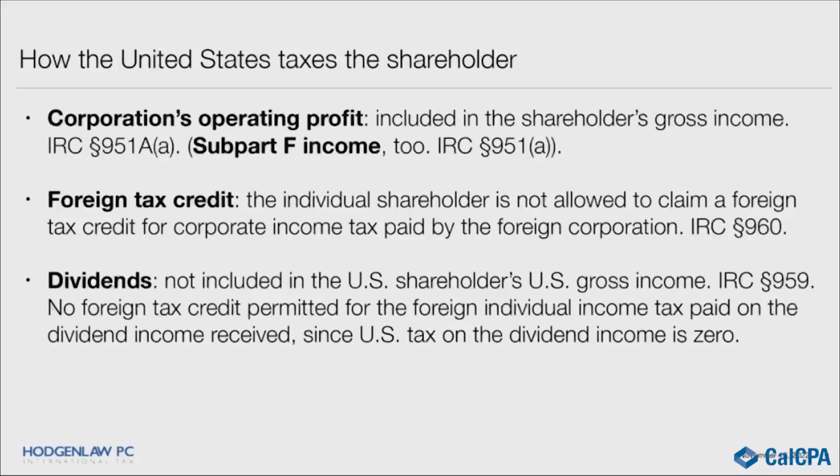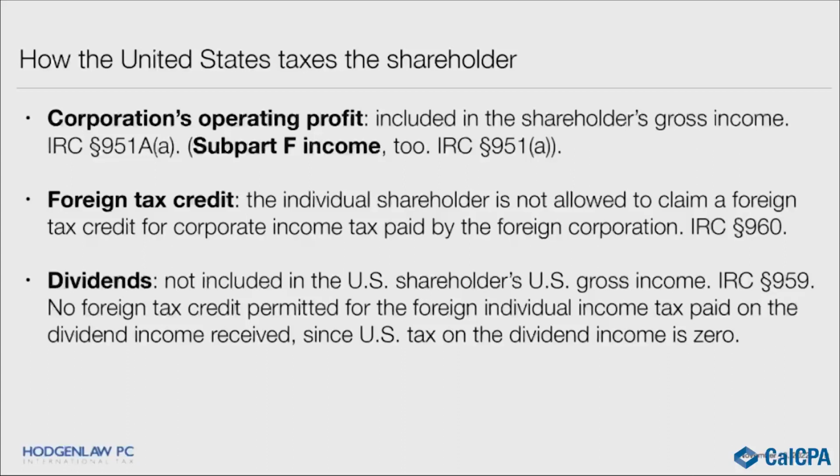That's Section 951(a). There's also subpart F income, that's passive income. So to the extent that the corporation had dividend income or interest income or stuff like that, that would be passed through as well. So one way or another, whatever net profit inside this foreign corporation exists, let's just pretend it's going to all come through to the individual shareholder's gross income on the Form 1040.